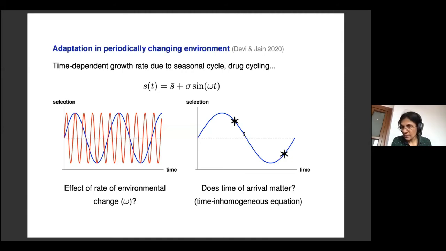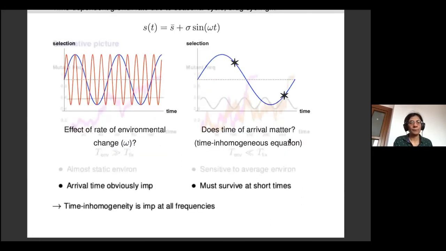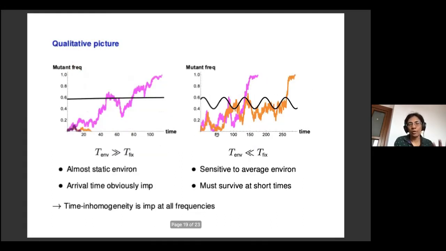Is the chance of survival different from when the mutant arose when the selection was getting stronger? Well, you sort of know the answer already, because I said we are dealing with a time-inhomogeneous equation. So you expect this kind of initial condition dependence to be there. So we would like to understand, therefore, how the chance of fixation depends on the frequency as well as the arrival time.